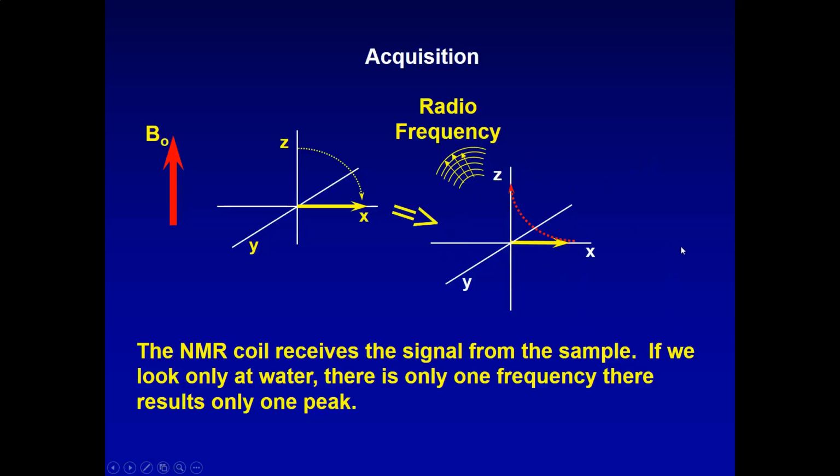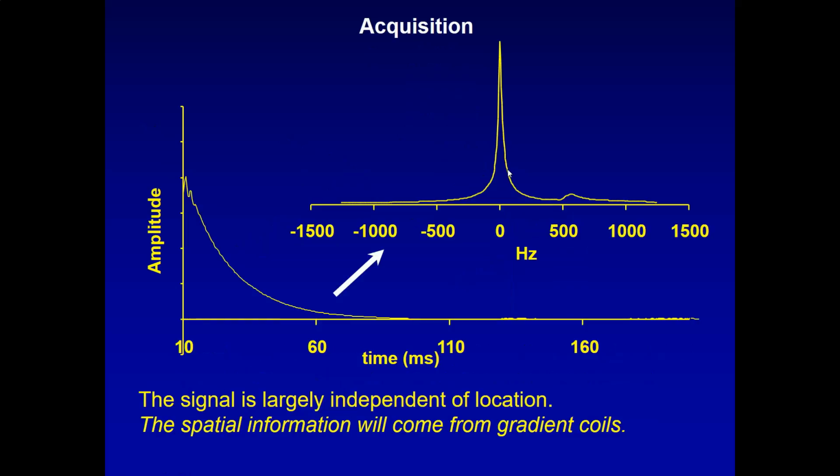If you do an acquisition like this on the head, you see a sample of almost entirely water. All the other chemicals do return a signal, but the water is hundreds of thousands of times bigger than most of the signals. So we just see this.